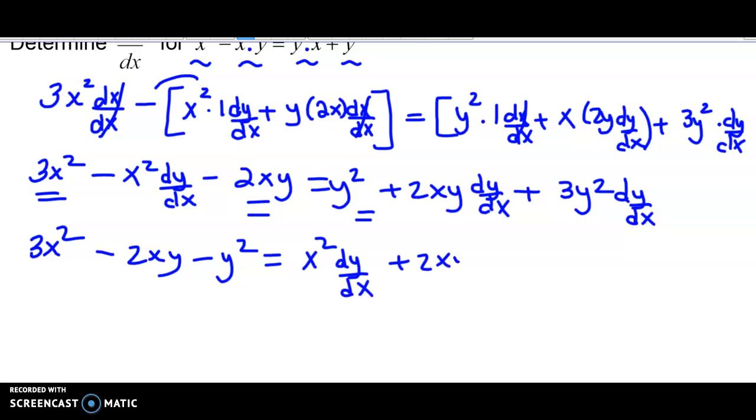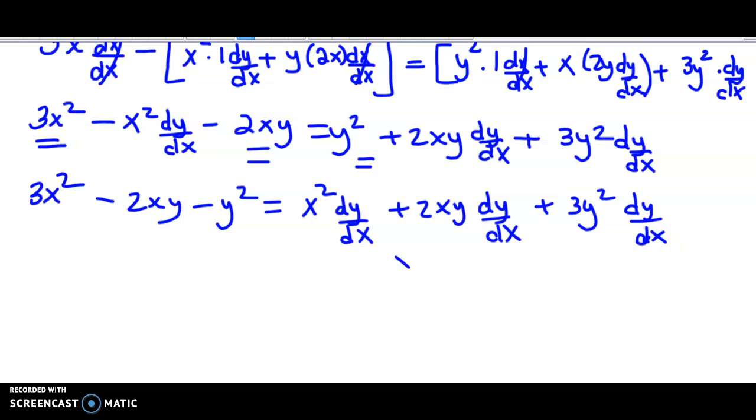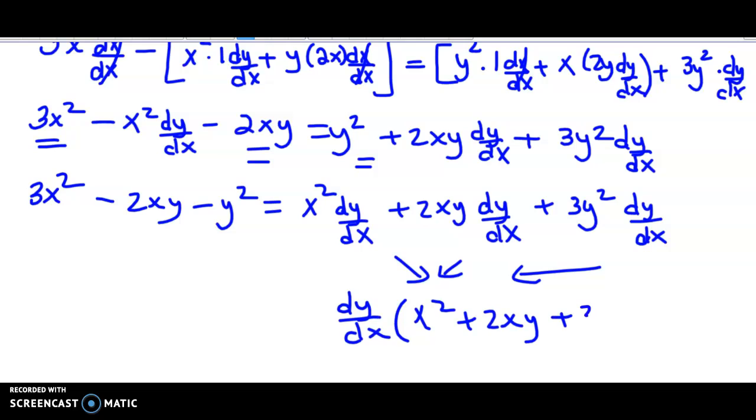I already have a 2xy dy/dx on the right side, and I already have the 3y squared. So you can see now that I can factor out these dy/dx's. So if you take out a dy/dx, you're left with x squared, 2xy, plus 3y squared equals everything on the left.